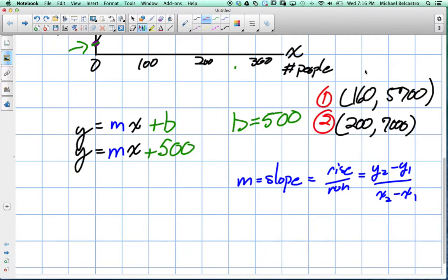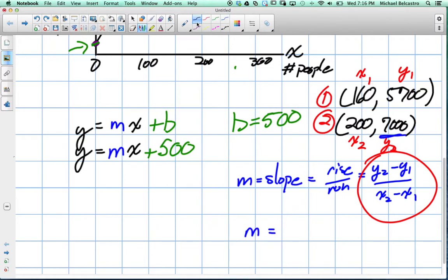The reason I do that is so I can designate this being x1 and this being y1, and this being x2, and this being y2. It doesn't matter, we could have called it the other way, and we'll still end up with the same answer. So we're going to plug into that equation. In order to find slope, m is equal to, my y2 is 7,000. Perfect.